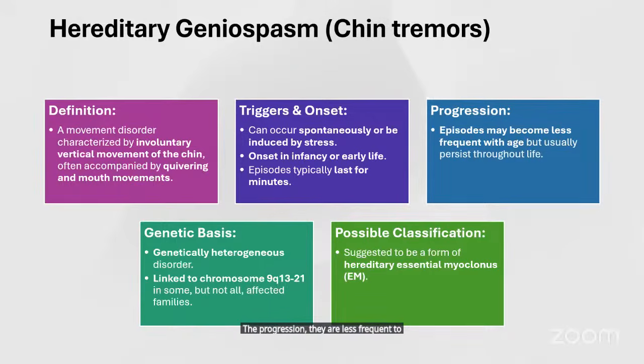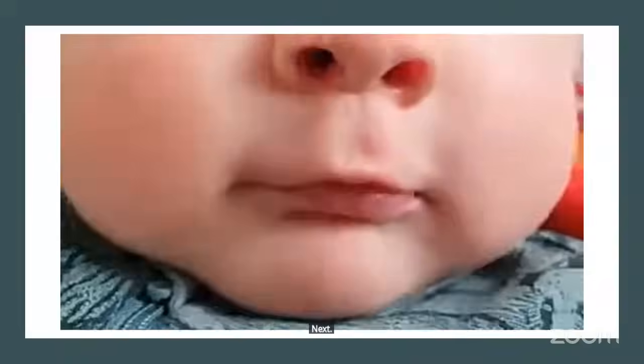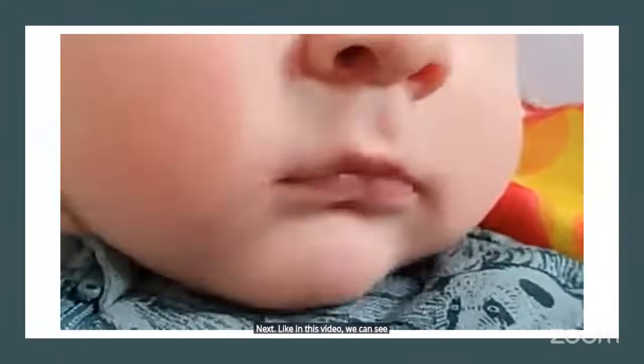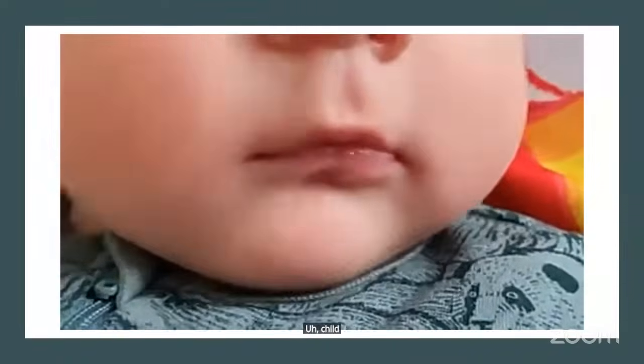They become less frequent with age, but sometimes persist throughout life. They are a genetically heterogeneous condition linked to some chromosomal conditions, and they are a part of hereditary essential myoclonus.